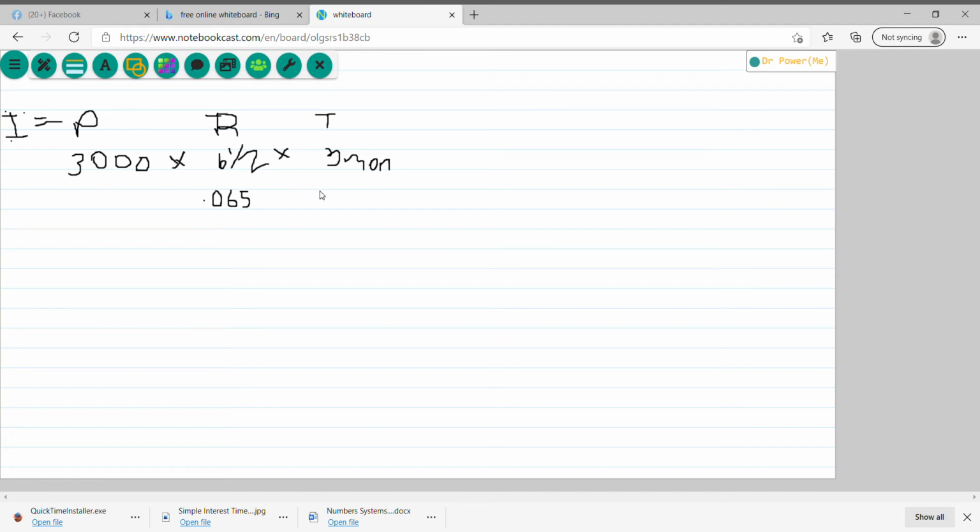Now we have the added bonus of having to convert the 3 months, right? So what do we do? Well, we're going to put it as a fraction, 3 months out of our annual number of months, which is 12. So it's going to be a fraction 3 over 12, which reduces to 1/4.